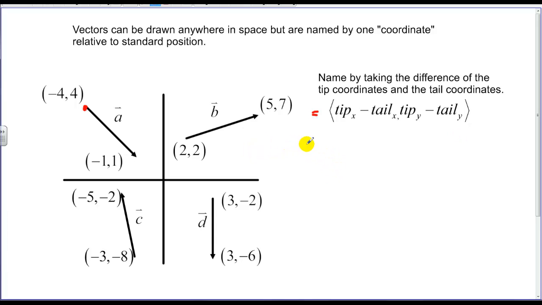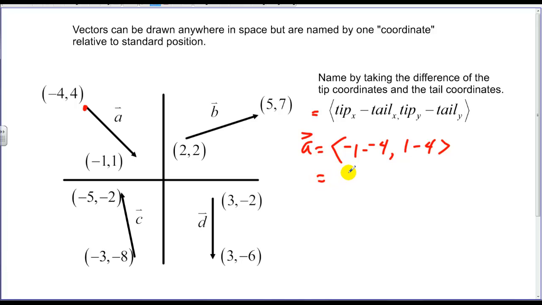So, if we take a look at vector A, I want to use the tip minus tail method for the x's. In other words, -1 minus -4. And then the tip minus tail method for the y's of 1 minus 4.